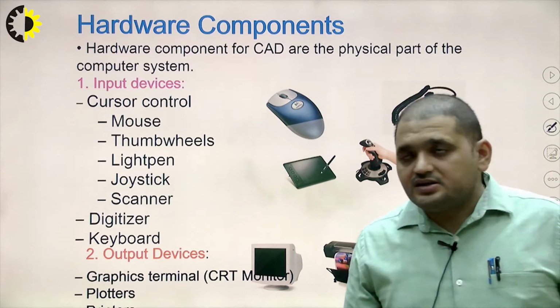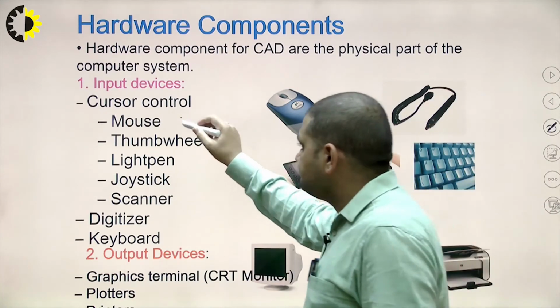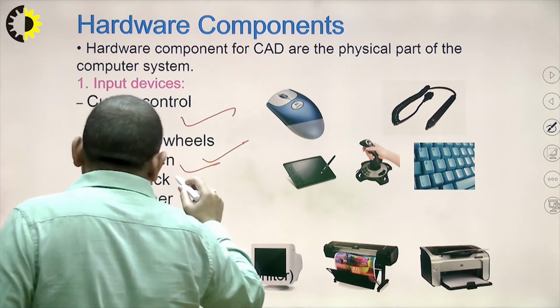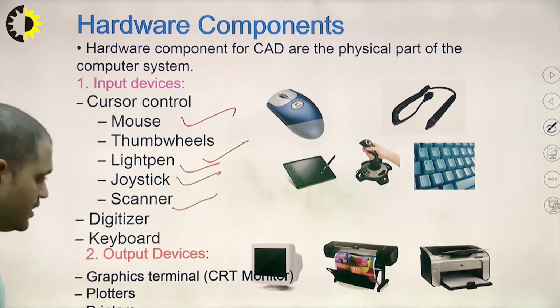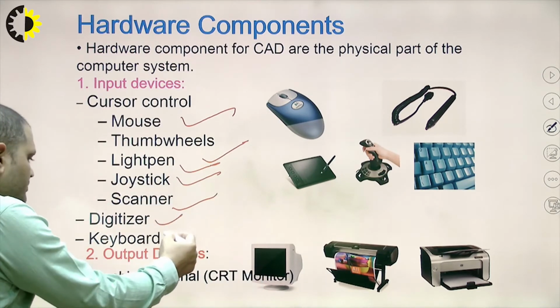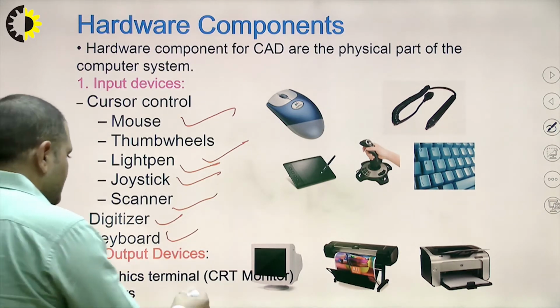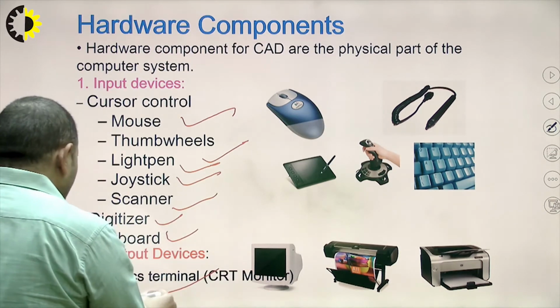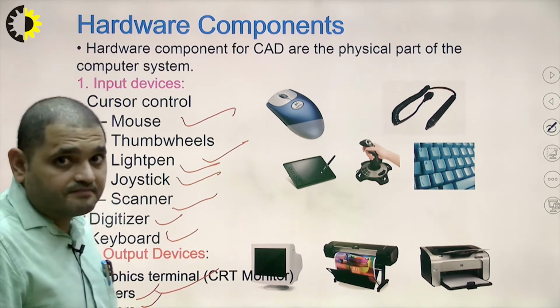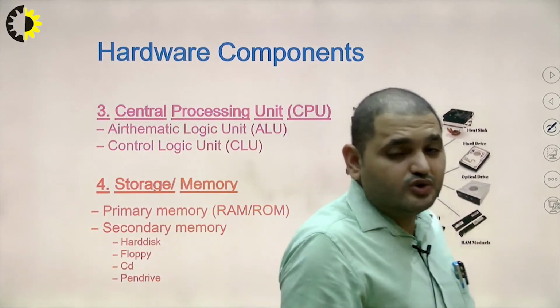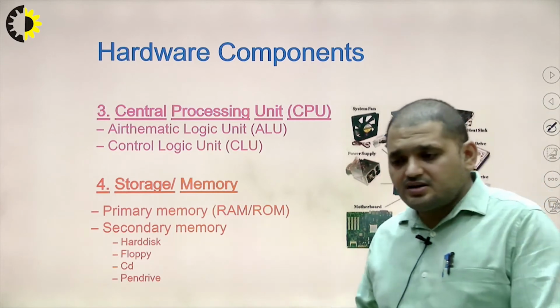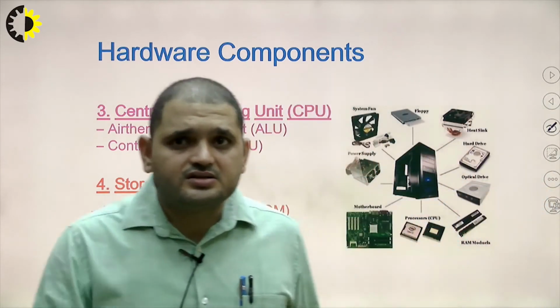So the input devices are mouse, thumb wheels, light pens, joystick, scanners, digitizers and keyboards. So these are the input devices. When we talk about output devices, we have graphical terminals like the CRT monitor, plotters and printers. You all know, but we are just quickly reviewing all these things.